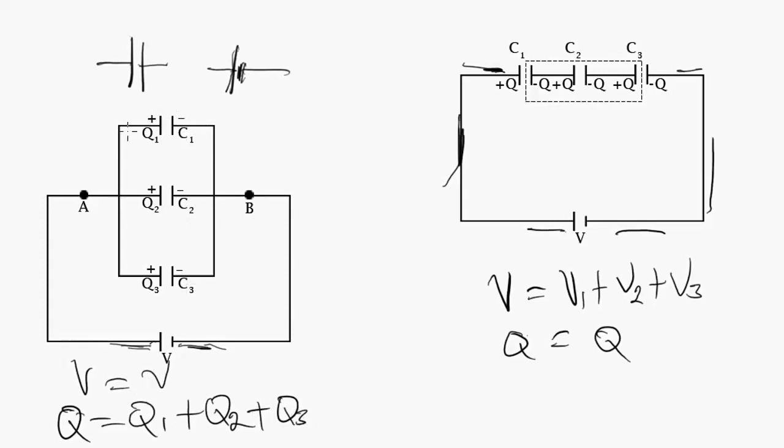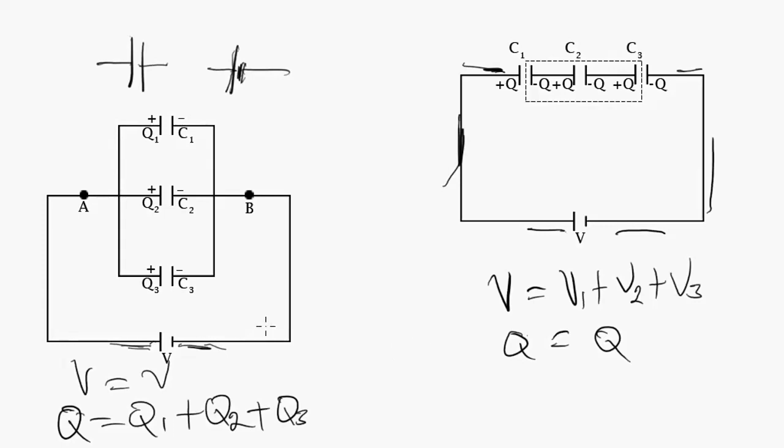So the sum of the individual charges makes the total charge here, whereas the potential difference across each of the capacitors remains the same. Whereas over here, the potential difference is the sum of the potential differences over each of the capacitors, that's V1 plus V2 plus V3, whereas the charge remains the same across the three capacitors.